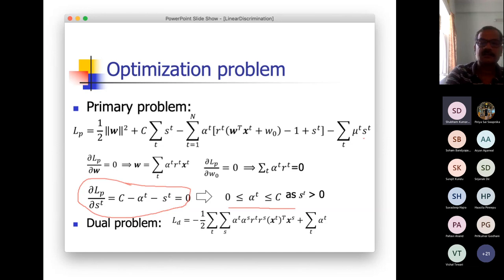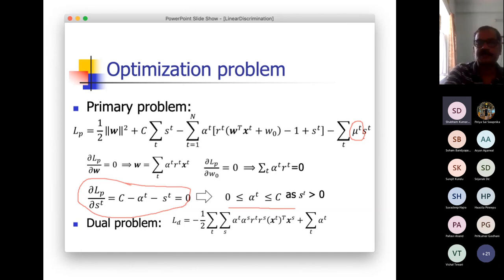Okay? C and alpha t, that is coming. I think mu t is taken as 1 in this case, because that is what I find, right? So you have this equation.